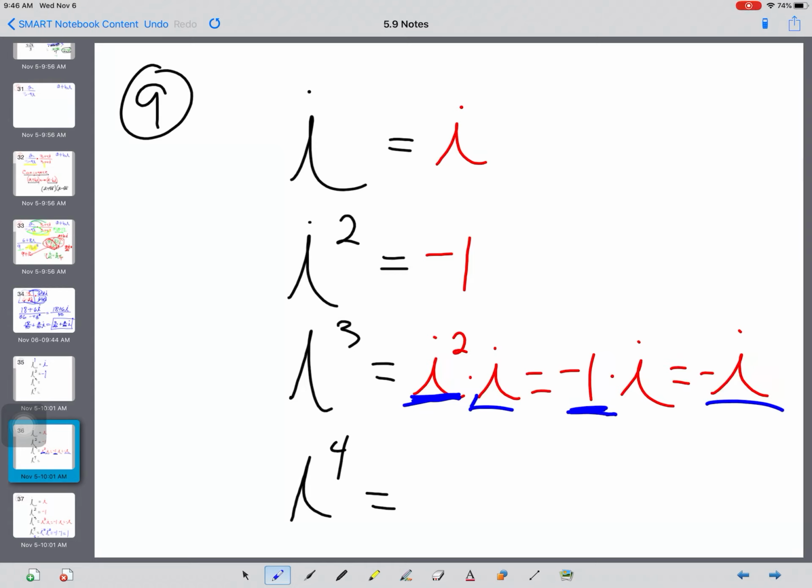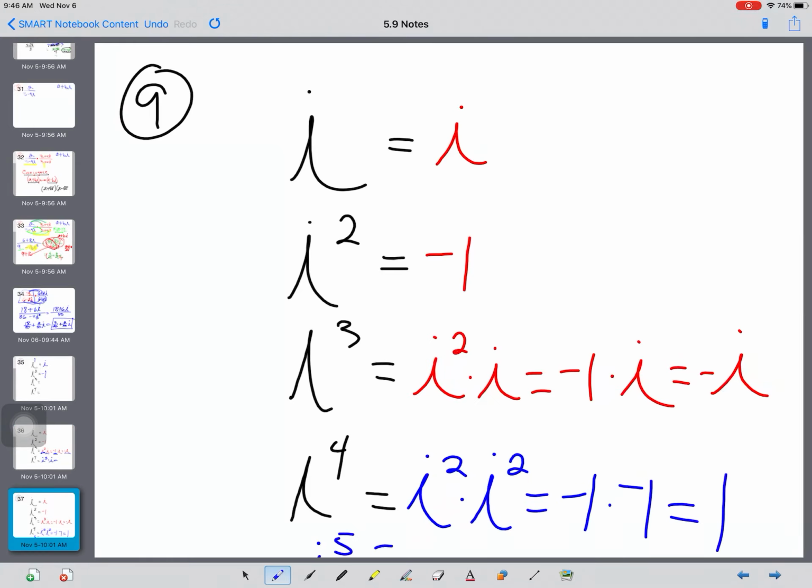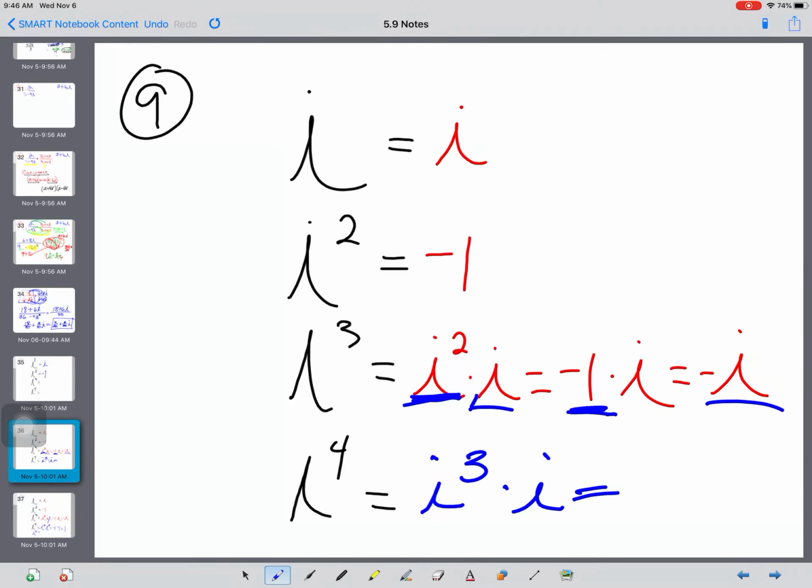i to the fourth power would be i to the third power times 1 more i. So i to the third power, I know, is negative i times 1 more i. That would be negative i squared, but i squared is negative 1, so negative times negative 1 is 1.